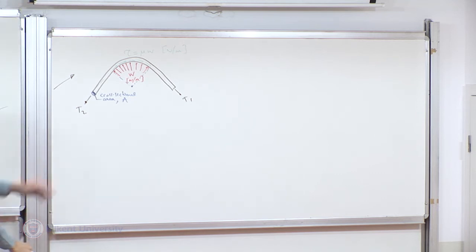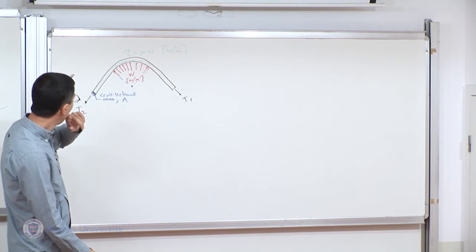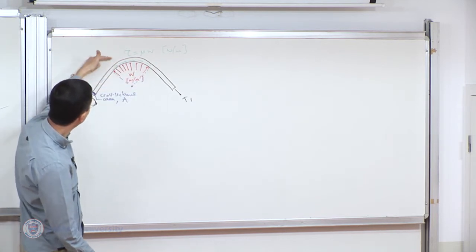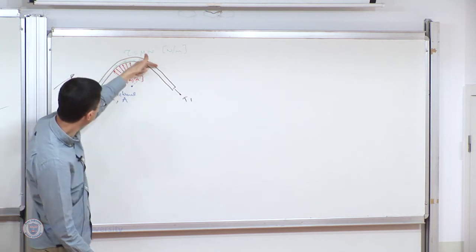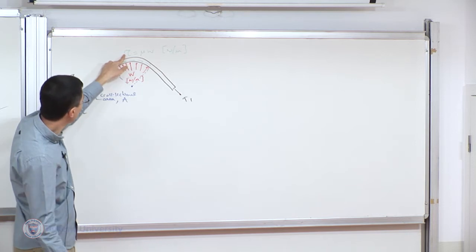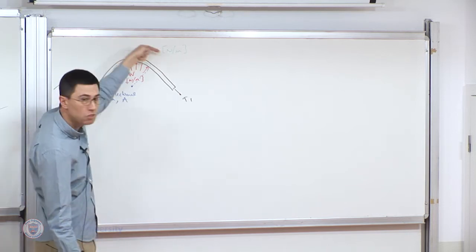All right, so we have the tension on the rope. We have a distributed force per unit length in the radial direction and a force per unit length in the tangential direction. That's the positive direction for friction. That's what I assume.